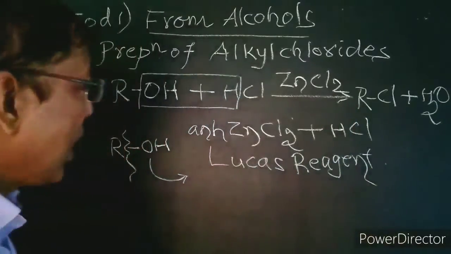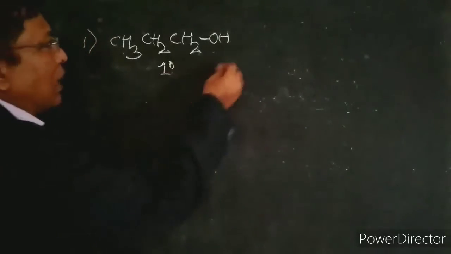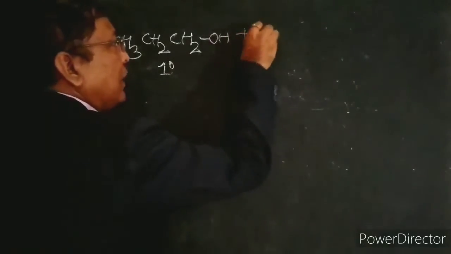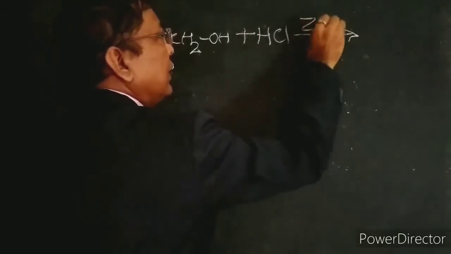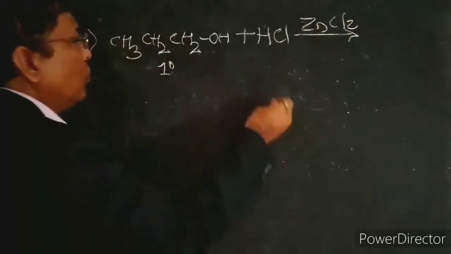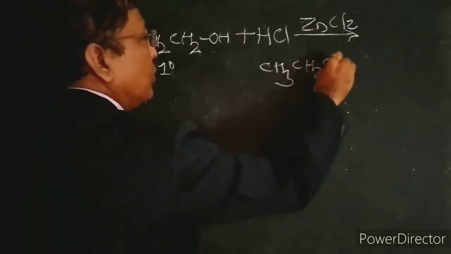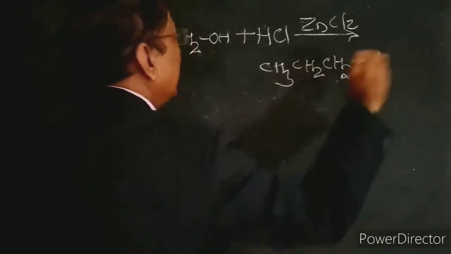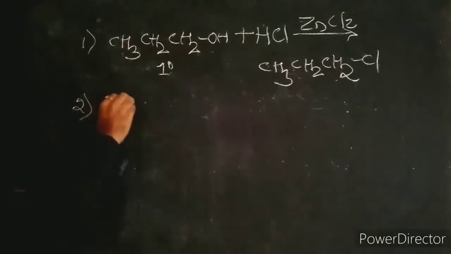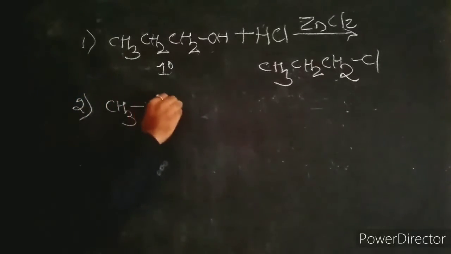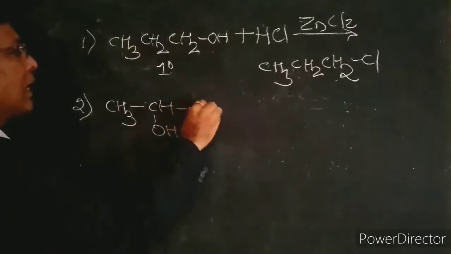Let us take one example. Now I take primary alcohol. When it is reacted with Lucas reagent, anhydrous zinc chloride, we get the product CH3CH2CH2Cl. Now second example, the secondary alcohol. What is a secondary alcohol? The OH group is attached to a secondary carbon atom.